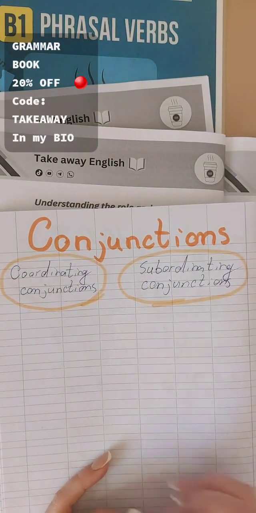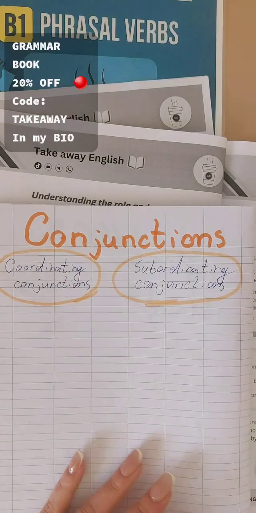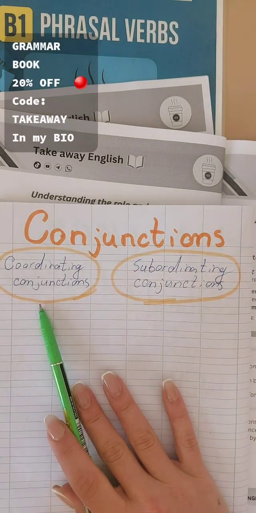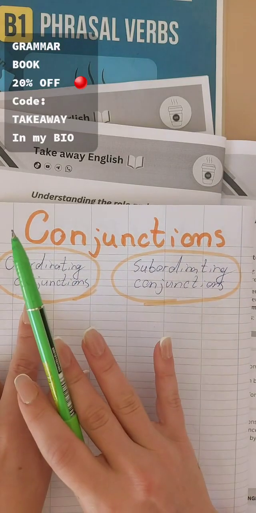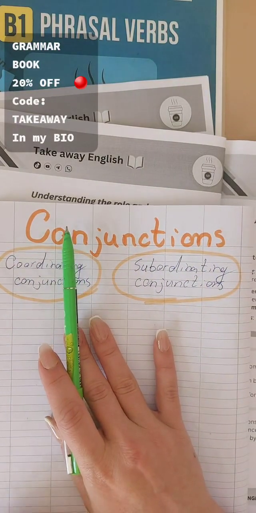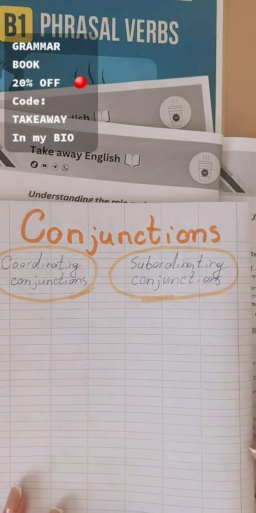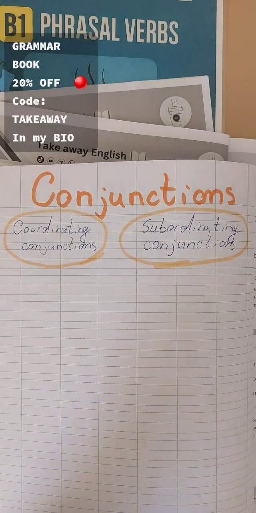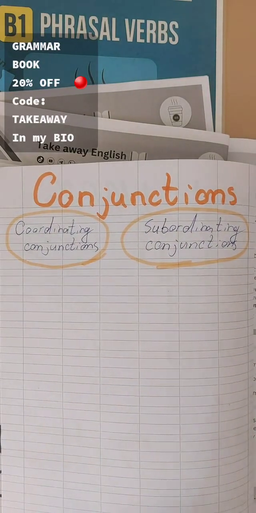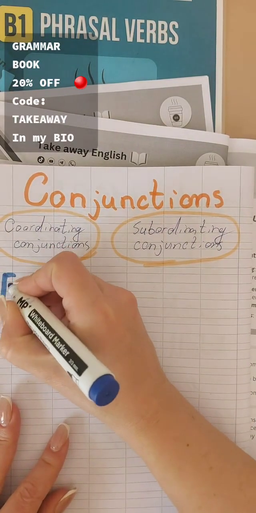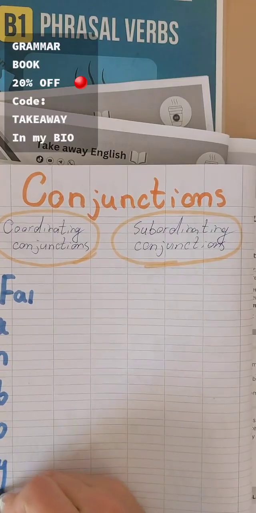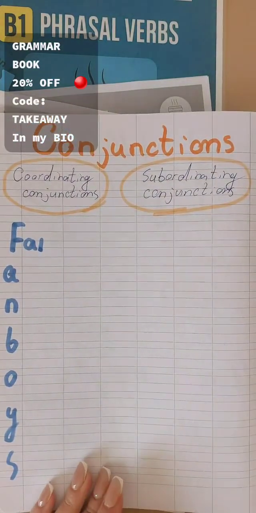Okay, now what's the difference between coordinating conjunctions and subordinating conjunctions? Coordinating conjunctions connect words, phrases, or sentences that are equally important in a sentence. There is a word that you can use to easily remember coordinating conjunctions. It's called FANBOYS.